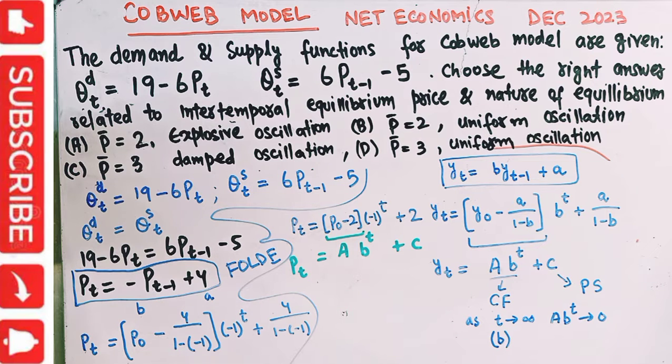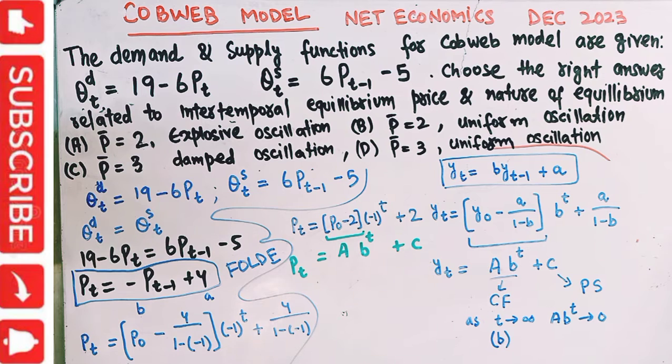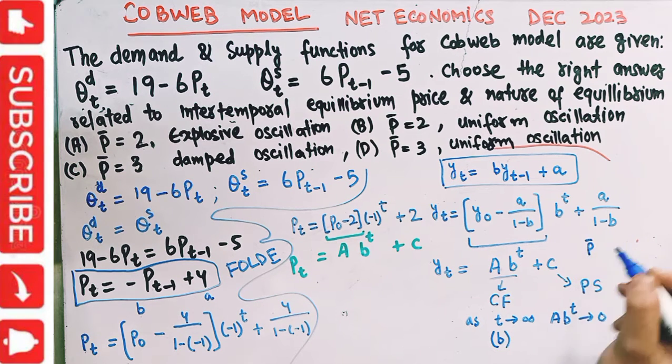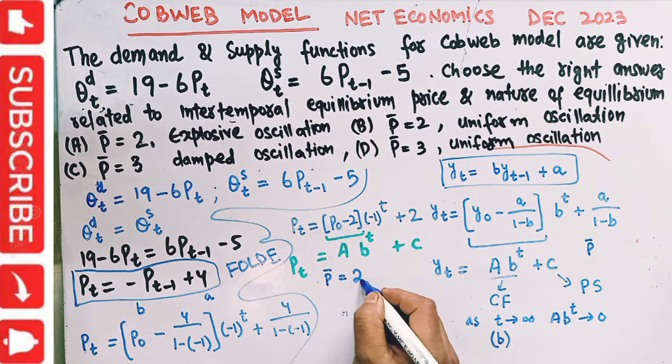As I have told you, c denotes the particular solution, what we call the intertemporal equilibrium. So our intertemporal equilibrium price will be equal to the value of c we got here, 2. So p dash is equal to 2.